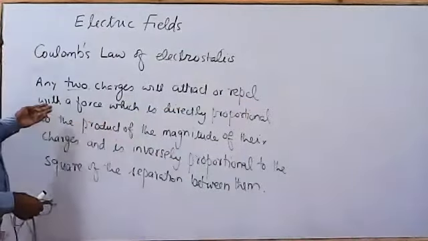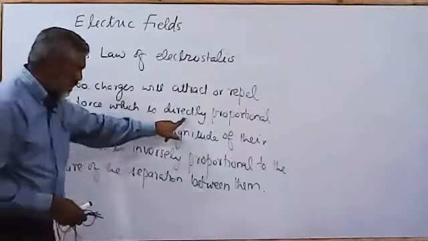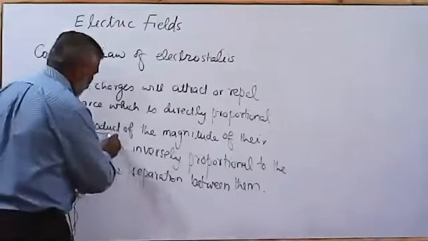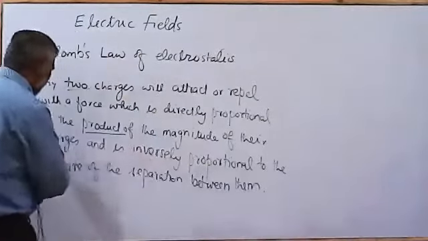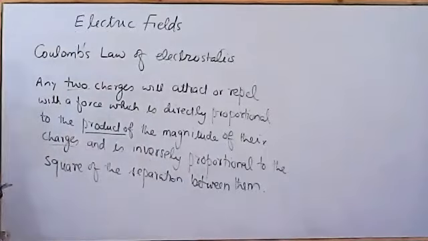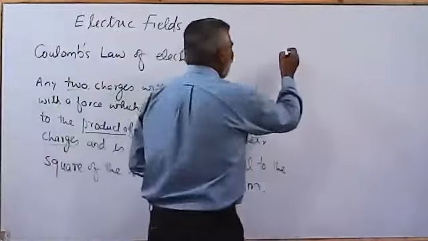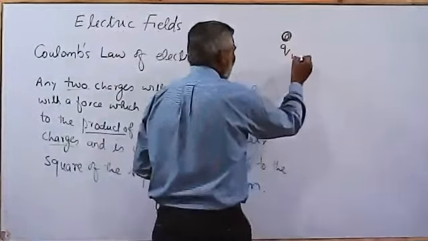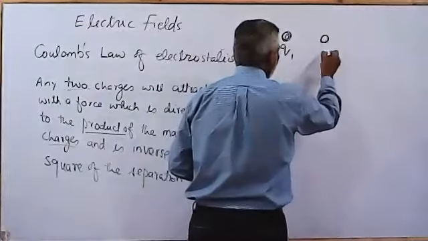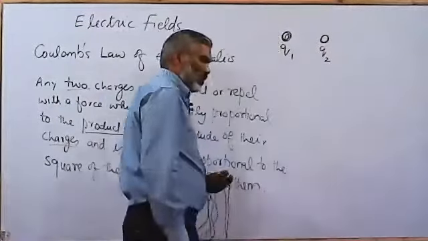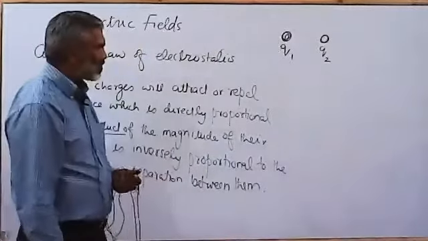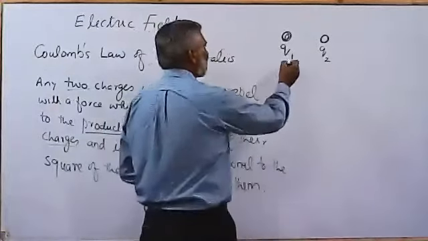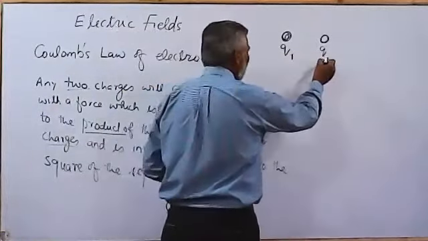So this force is directly proportional to the product of the magnitude of the charges. So one thing is product of the charges. Suppose this is charge Q1 and this is charge Q2. Usually Q is the letter that we use as a symbol for charges. So let's assume this is charge 1, this is charge 2.